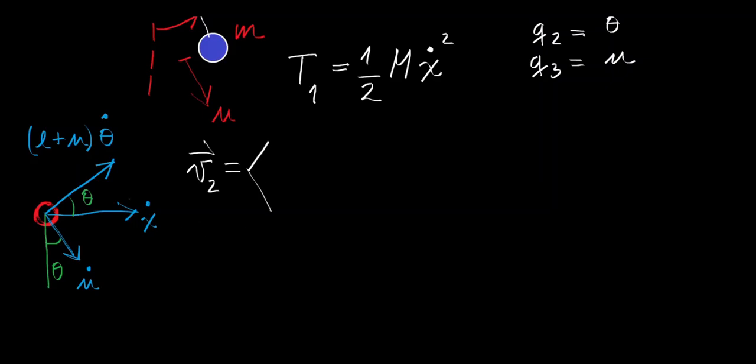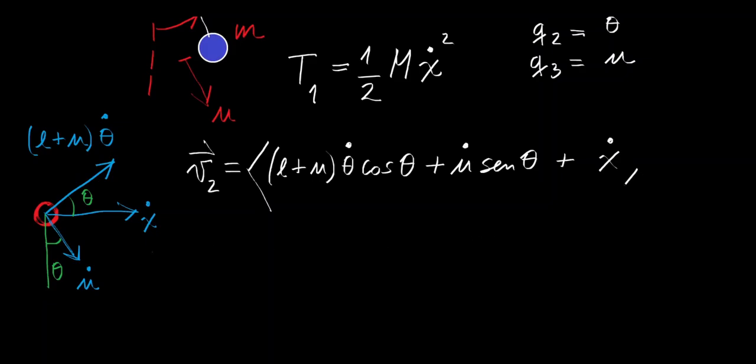In the horizontal direction, we have (L plus u) theta dot cosine of theta plus u dot sine of theta plus x dot. And in the vertical direction, we have (L plus u) theta dot sine of theta, and now minus u dot cosine of theta. This is then the velocity of the second object.